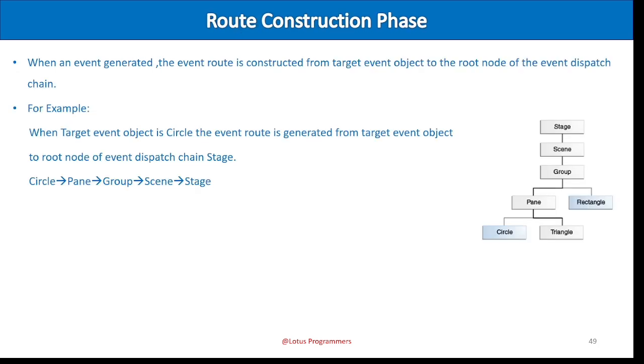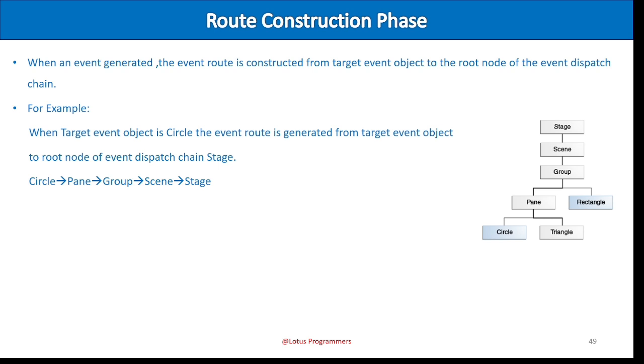And next, the route construction phase. This is a critical phase in the entire event delivery process. It constructs the path from the target event object to the root node of the event dispatch chain. Suppose you create a circle on the JavaFX screen: the target selection node, the target event object, is the circle.